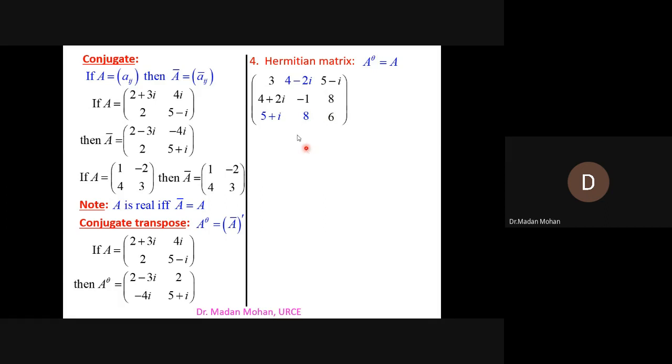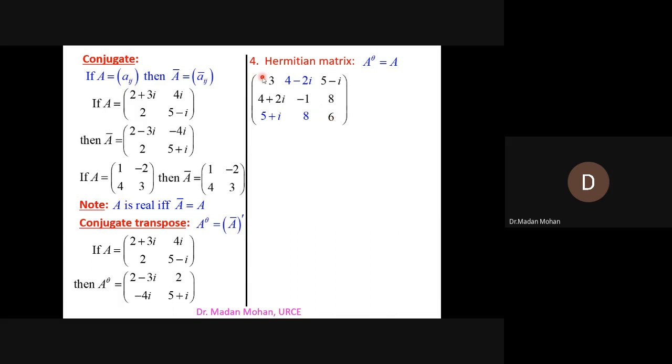Now, every element overlaps with its conjugate element when you fold along the diagonal: 4 minus 2i, 4 plus 2i; 5 minus i, 5 plus i; 8 plus 0i, 8 minus 0i. Please, 6 overlaps with 6 only because 6 plus 0i overlaps with 6 minus 0i.